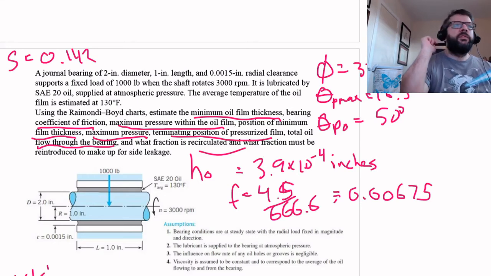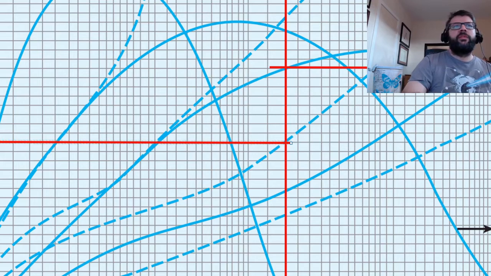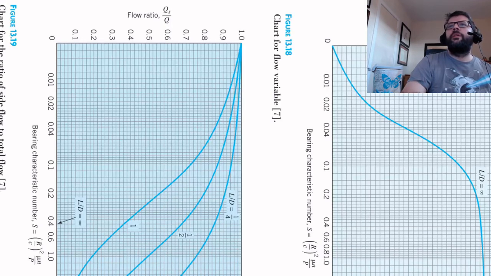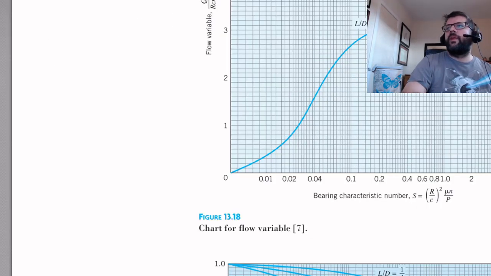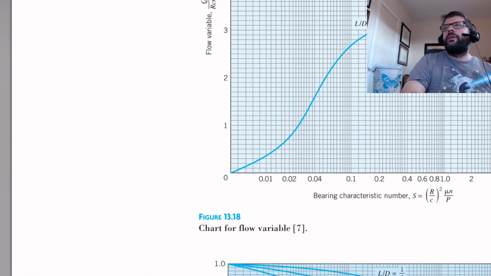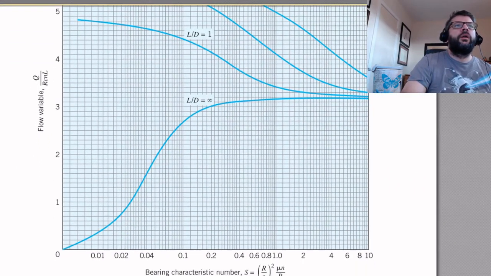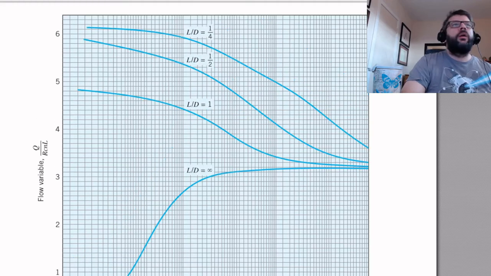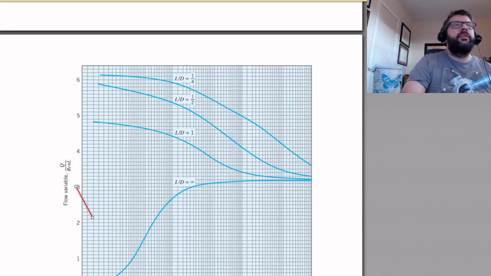Next up, total oil flow through the bearing. I need to unrotate it. Okay, so we got our chart here. Zoom out a bit more so you can see.